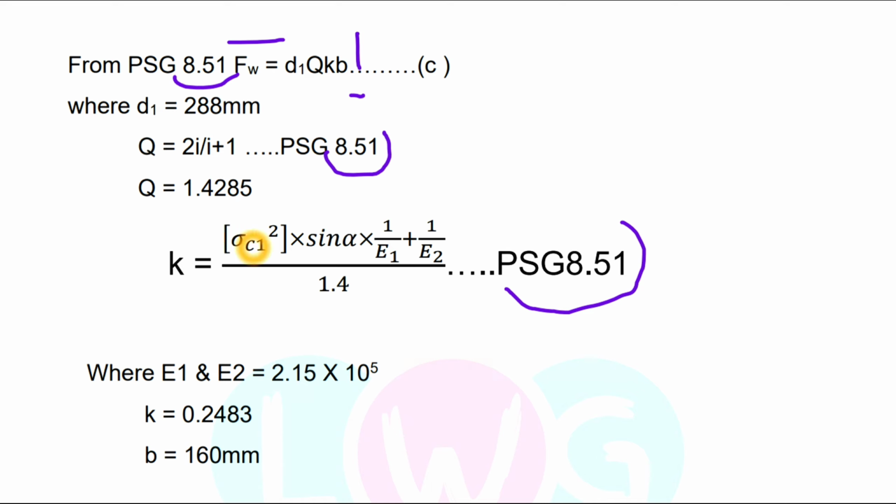Sigma c1 is the contact stress we calculated in material selection, step number 4, for the pinion. So take it from there. Sin alpha uses the pressure angle, which is 20 degrees, then 1 upon e1 plus 1 upon e2. Where will we get the values of e1 and e2?